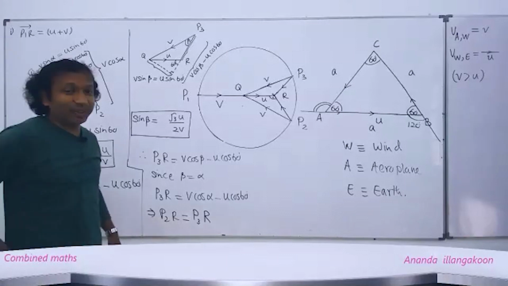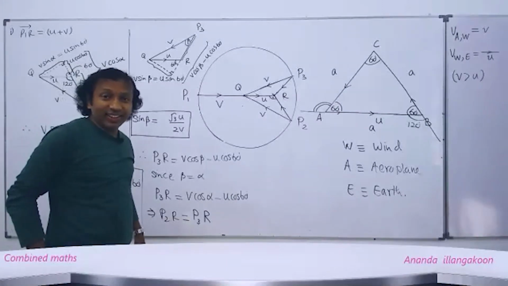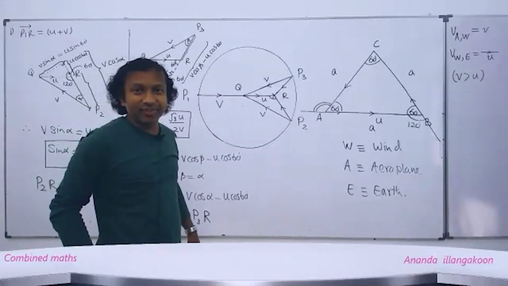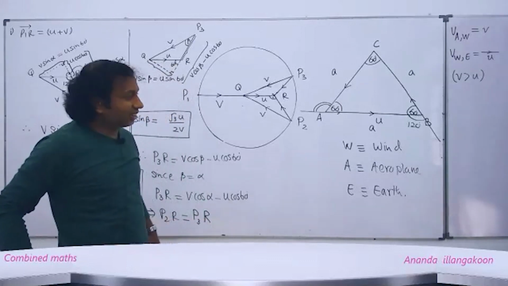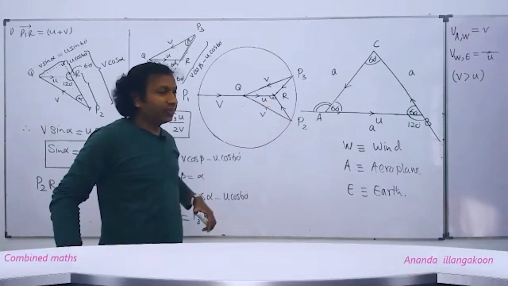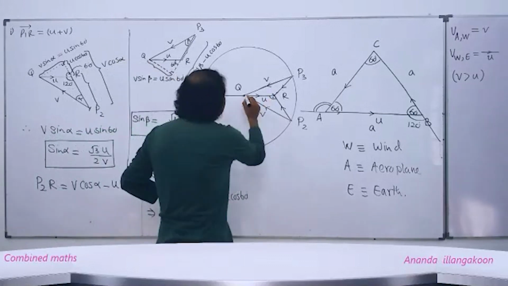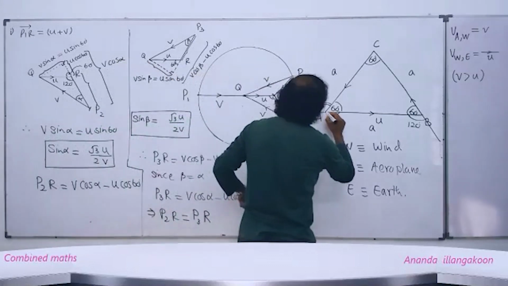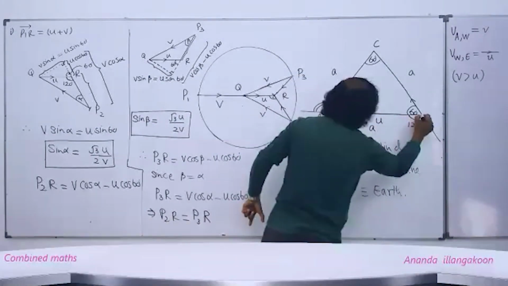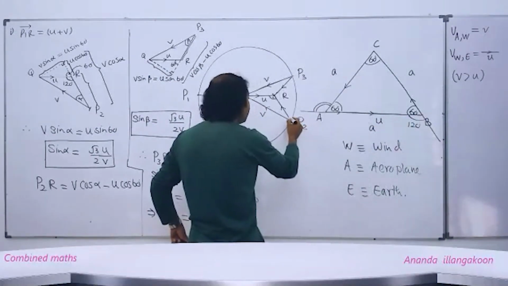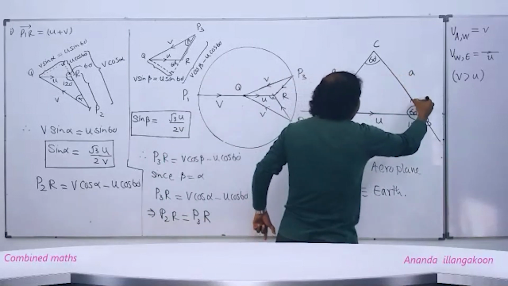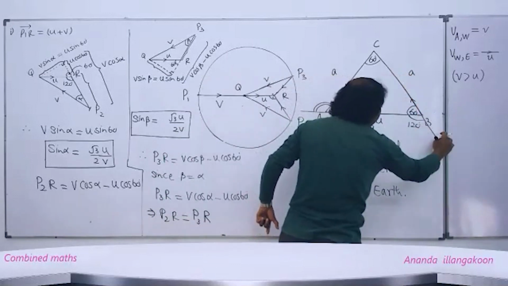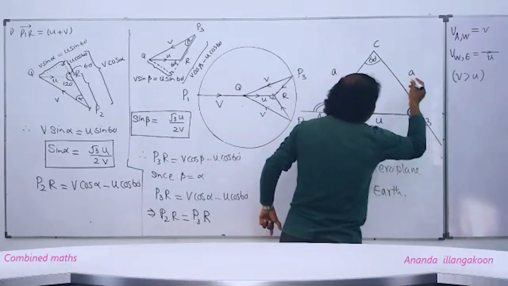You must very carefully listen to this one. Maybe some of the students are asking how can this be 120? This line is this, this line is this, this is 60 because it is an equilateral triangle.